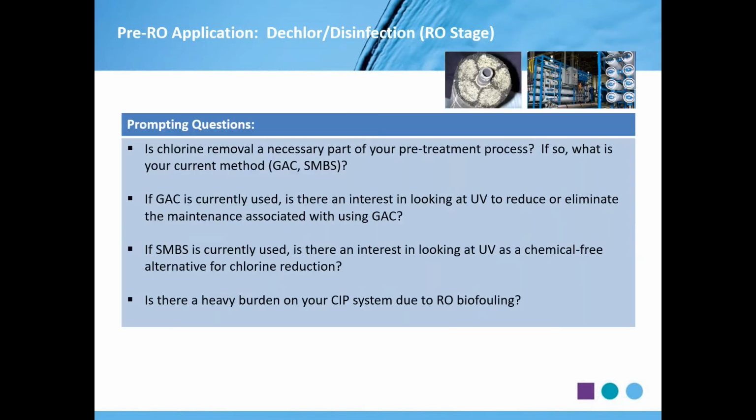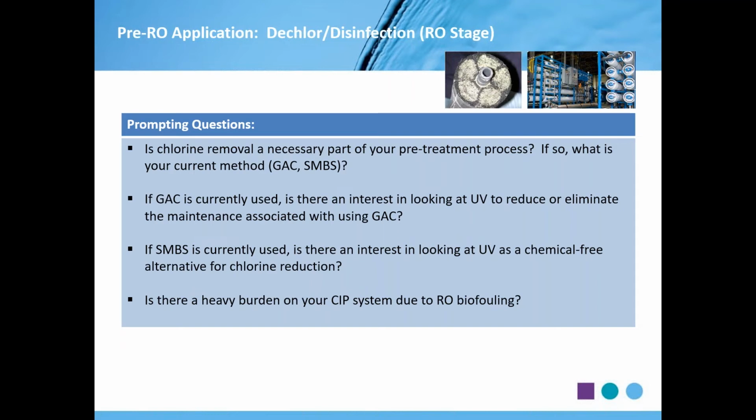So some things to ask yourself if dechlorination might be a good application for you. You might want to look at what your current methods of dechlor would be, whether it's carbon or sodium metabisulfite. Maybe UV could be a good alternative to either of those, given that it's a chemical-free option.